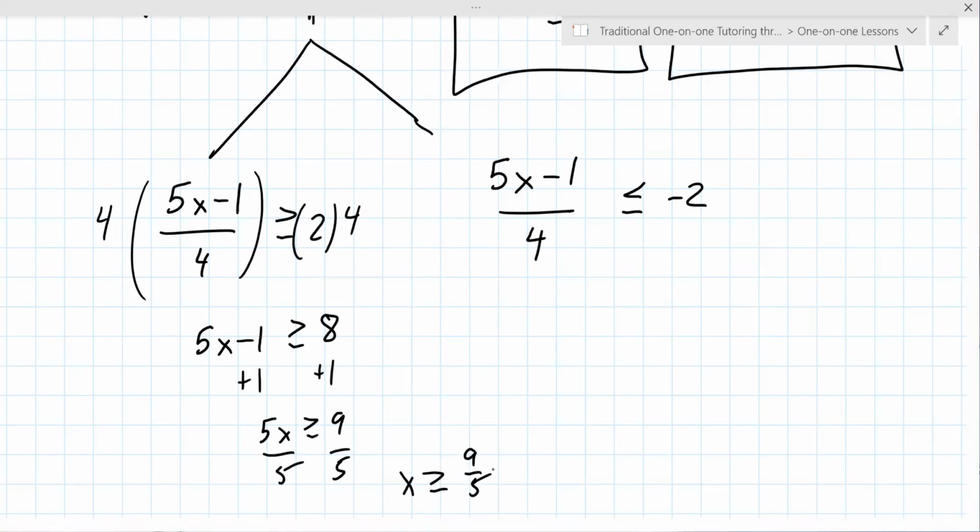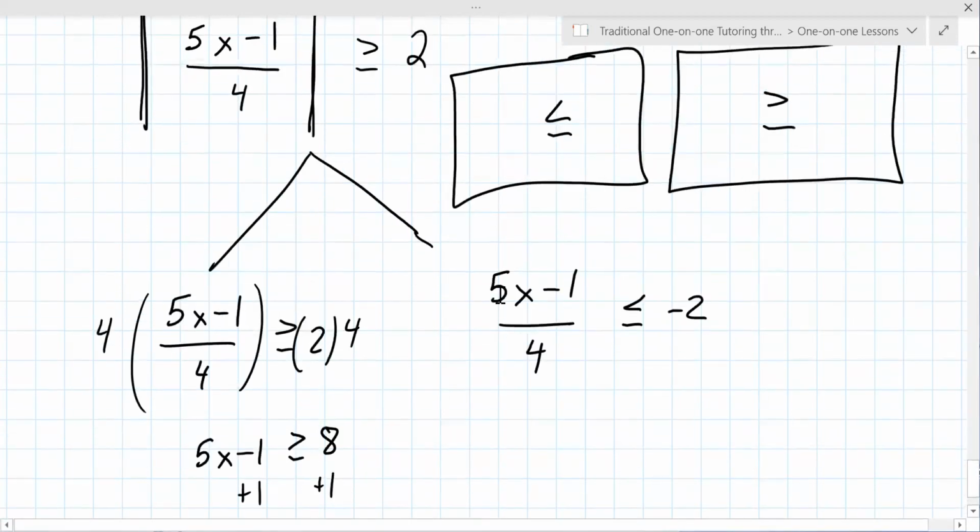I did it kind of weird where I wrote 5x minus 1 is less than or equal to -8, and then the +8 instead of just doing that. But that is not correct. You cannot do it that way. It's completely wrong, even though it feels like the right thing to do because you've just been doing that before.